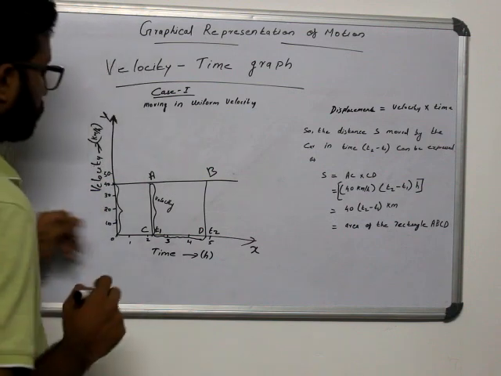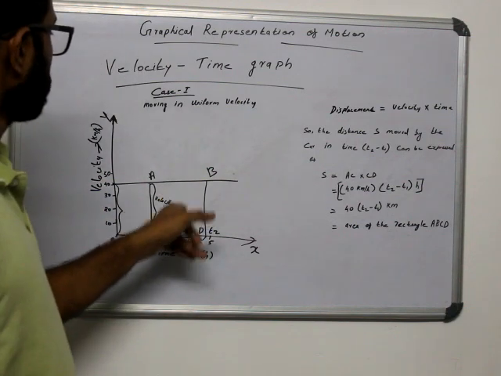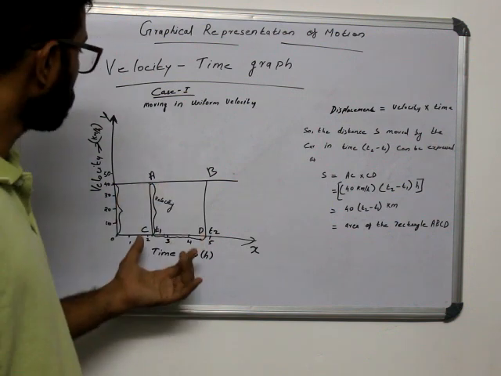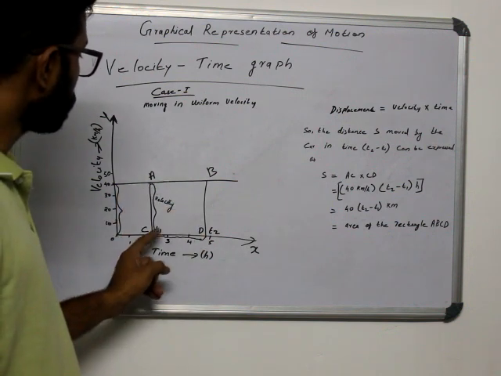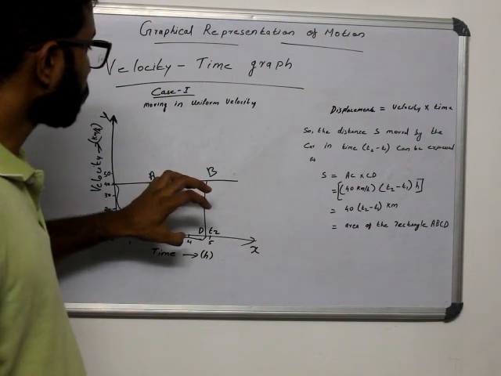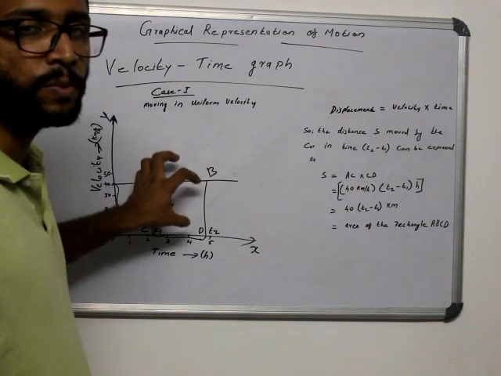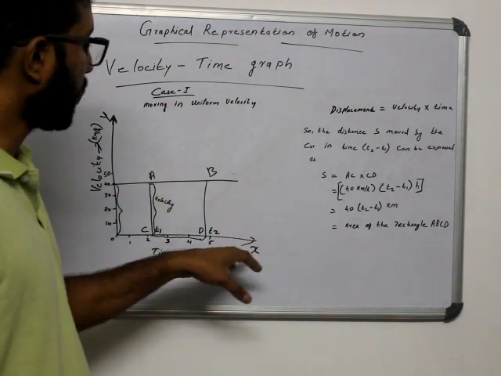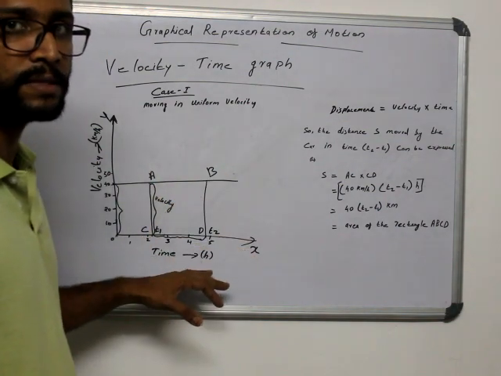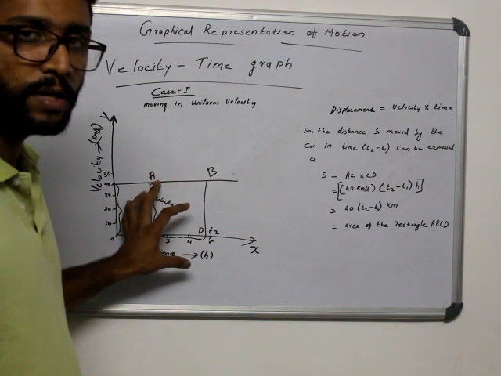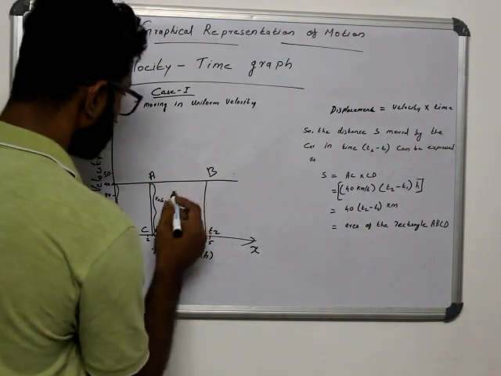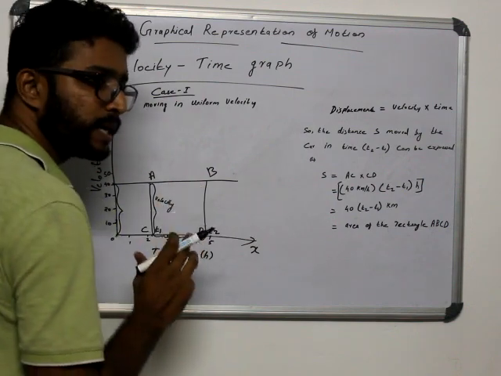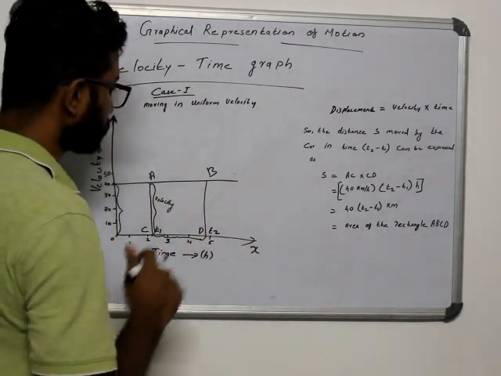This much is the time interval. So we can say AC into CD. So the displacement is AC into CD. So the area enclosed between the velocity time graph and the x-axis, or the time axis, will give the displacement. So this is this area. If you calculate, you will get the magnitude of the displacement.